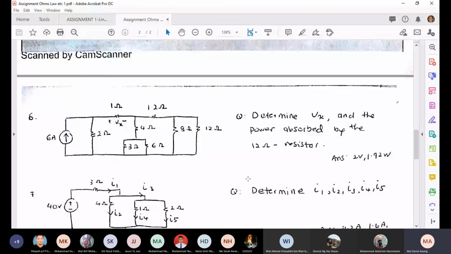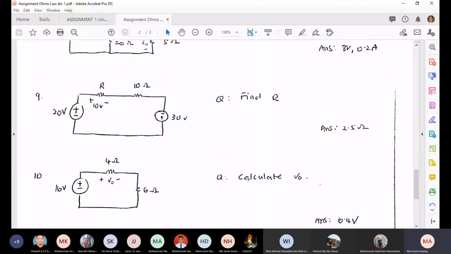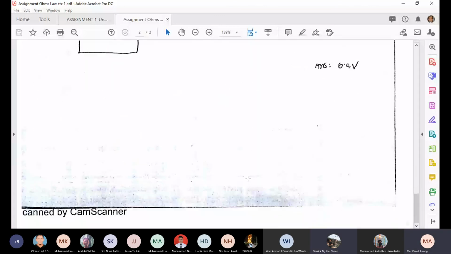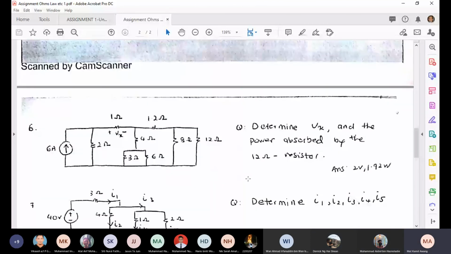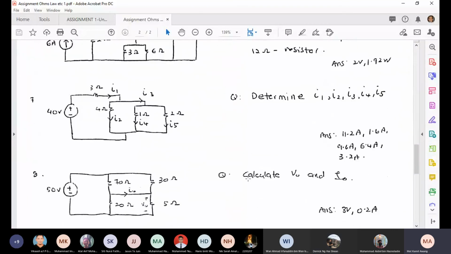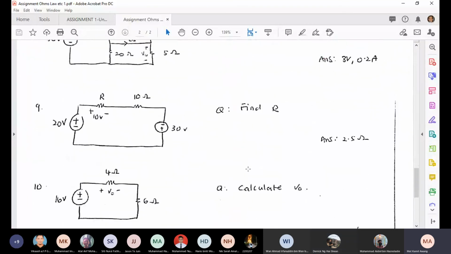So we have covered all of these just now. But you can go through this one just in case there is some difference, though I think it's the same question actually.